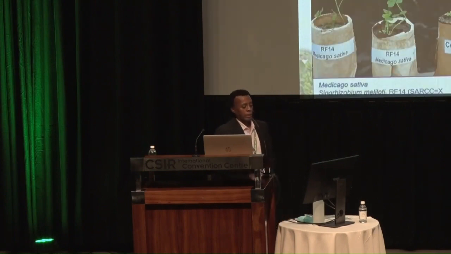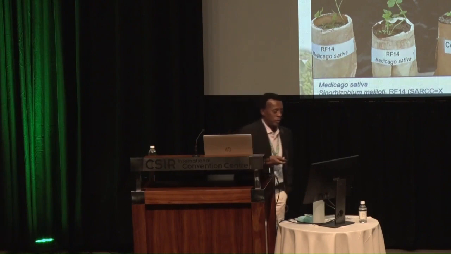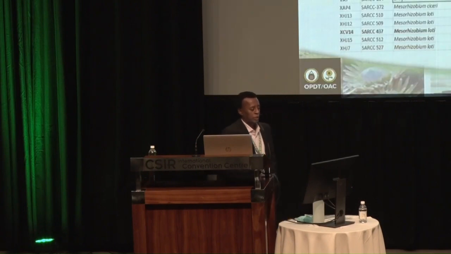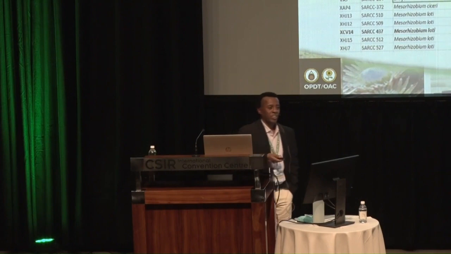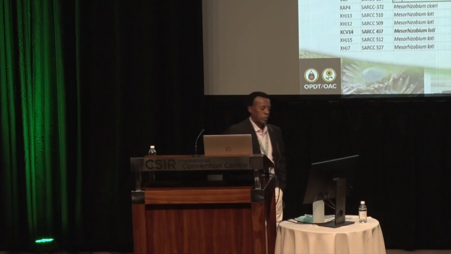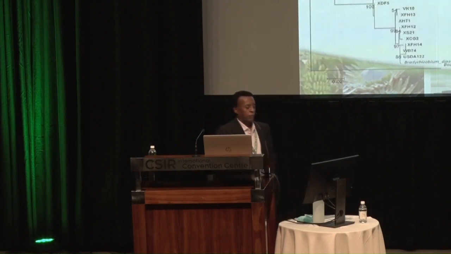we always have to maintain and preserve them, and we also conduct quality control of products made from these strains. Apart from this, we also do greenhouse screening and nodulation authentication research. As you can see here, Trifolium, Pisum, Medicago, Vigna, lupins and others, from time to time we authenticate the nodulation of these strains, and we identify all the strains which are important in agriculture.